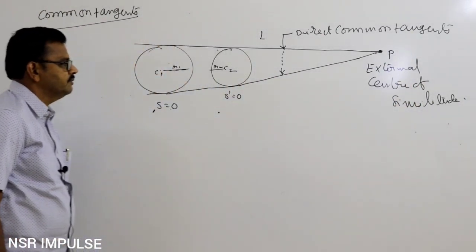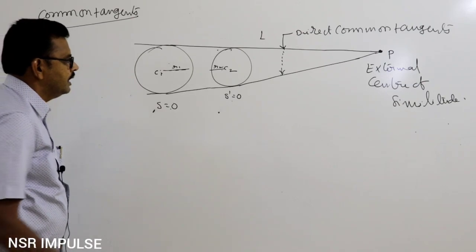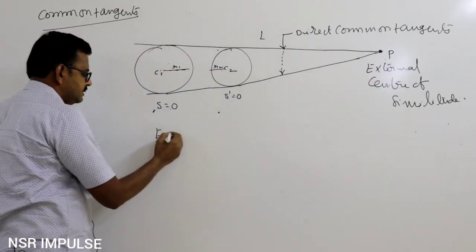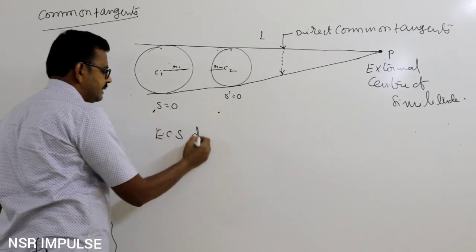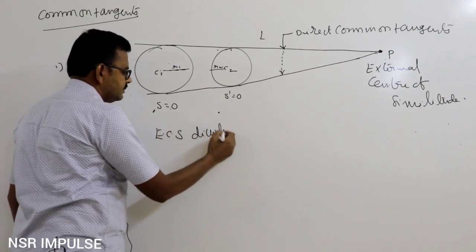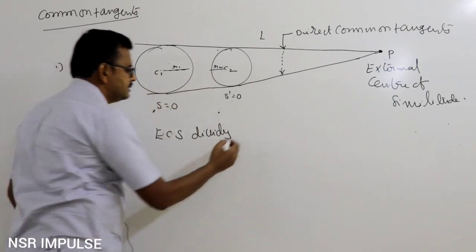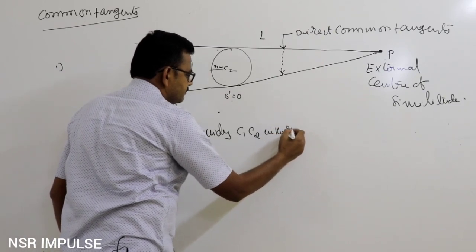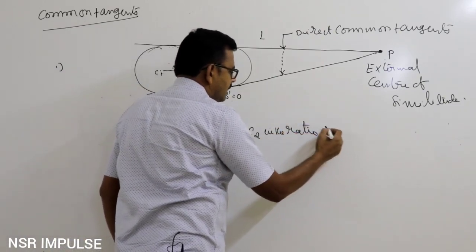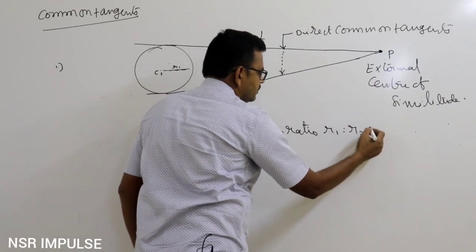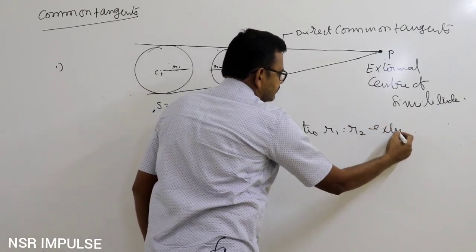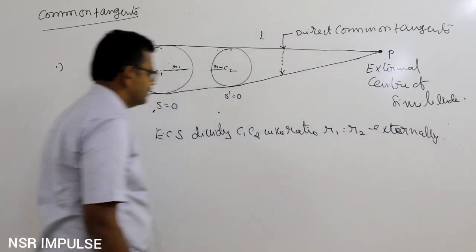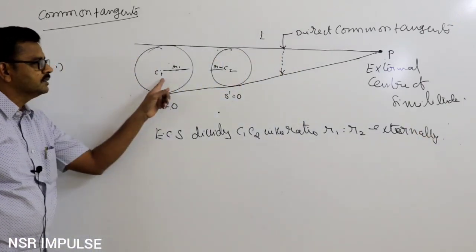The external center of similitude divides the line of centers C1 C2 in the ratio R1 is to R2 externally, if it exists.